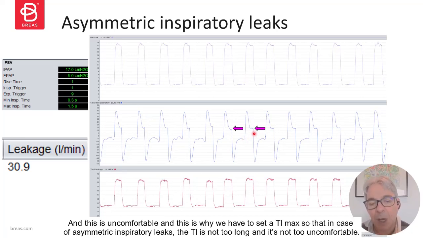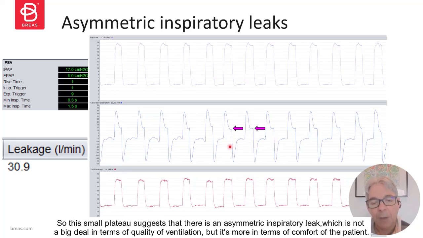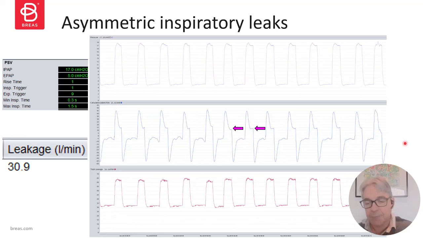And this is why we have to set a TI max, so that in case of asymmetric inspiratory leaks, the TI is not too long and it's not too uncomfortable. So this small plateau suggests that there is an asymmetric inspiratory leak, which is not a big deal in terms of quality of ventilation, but it's more in terms of comfort of the patient.